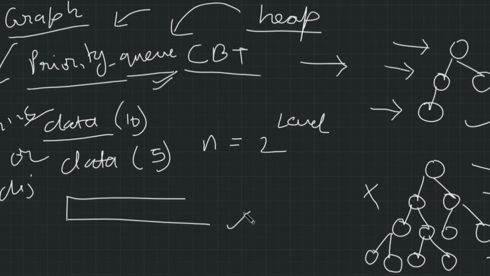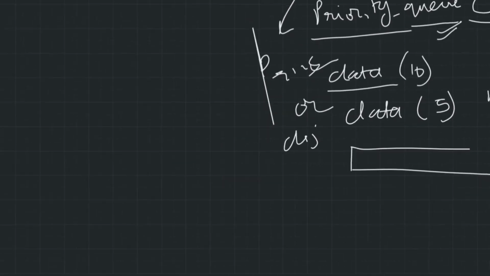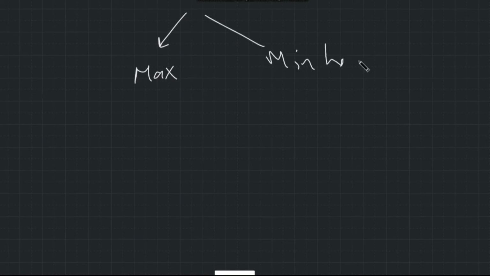Now, heap is of two types. One is max heap and the other is min heap. Suppose I represent it in the form of a complete binary tree.